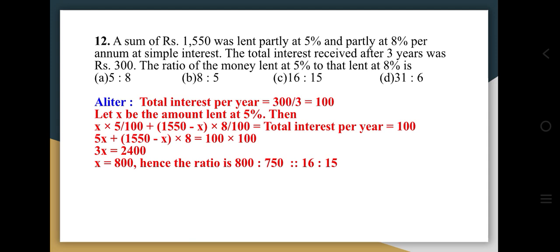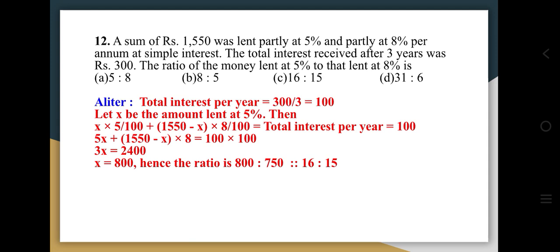But in this problem, if we observe one thing, we want the ratio of money lent at the two different rates. The ratios are given in the answer choices. So one among them is the correct answer.